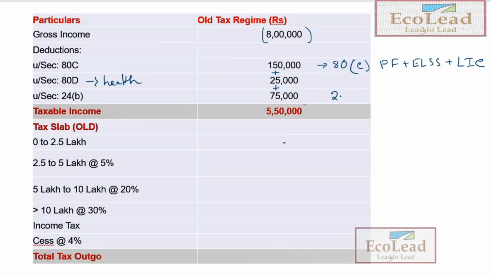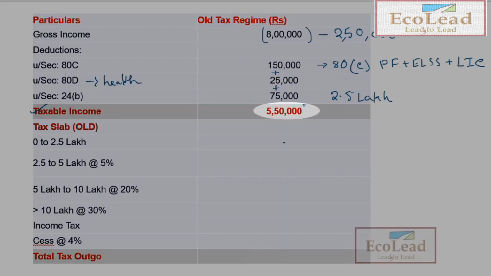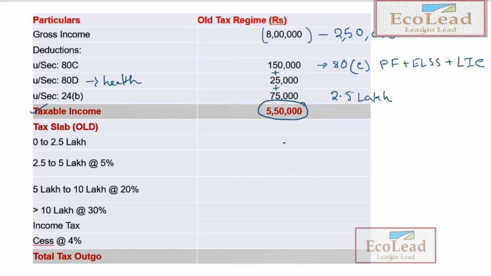So 2.5 lakh rupees will be deducted. Now if we deduct 2.5 lakh from these 8 lakh rupees, the taxable income will be 5,50,000 rupees.